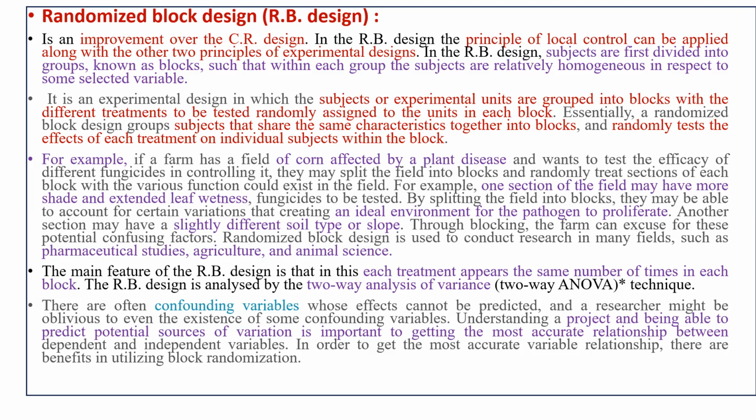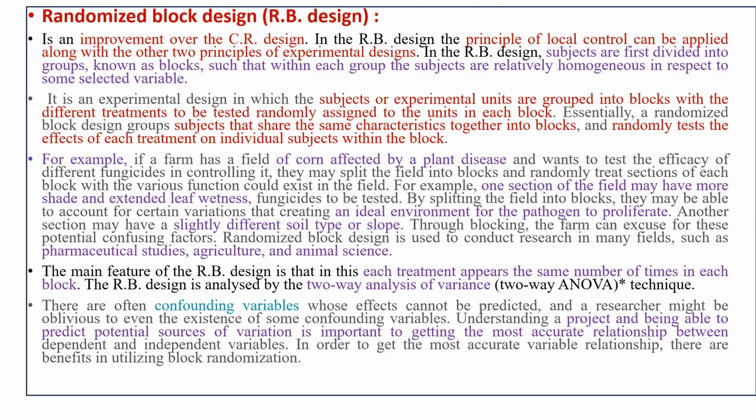Wetland will remain wet because the sunlight is not reaching that particular area. Another section may have a slightly different type of slope. So just consider that out of these 5 sections, one section, block 1 you can say, is having a lot of wetness.